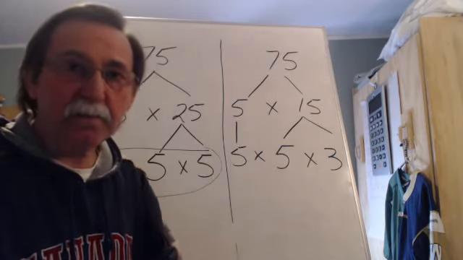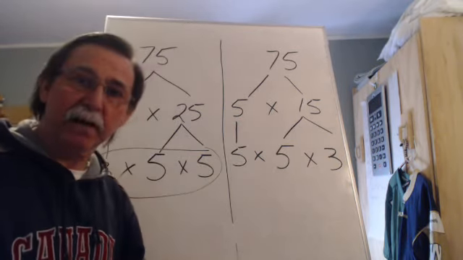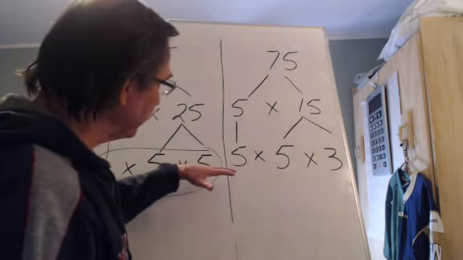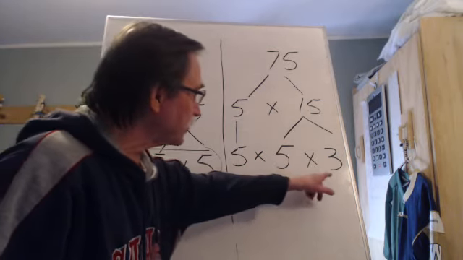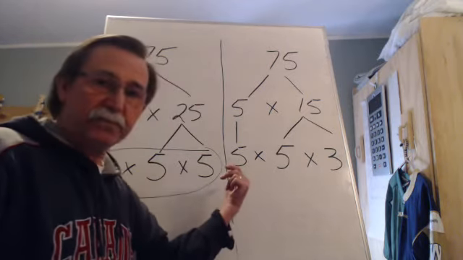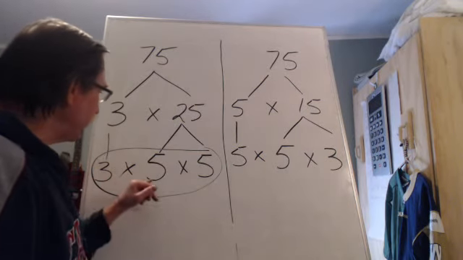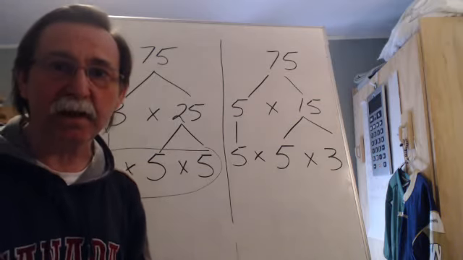But I made an agreement, and I made that sort of a one-way agreement because you can't talk to me over the airwaves here. But the agreement that we said was that we were going to take the smallest number and put it first. So like over here, we have 3 times 5 times 5. They're all prime numbers. They won't break down anymore.